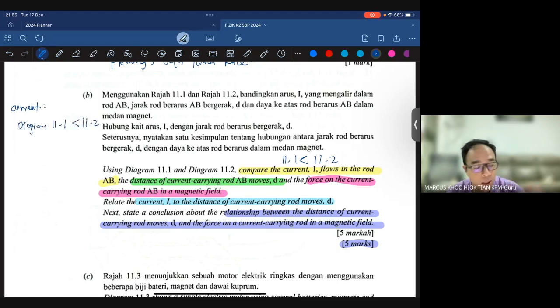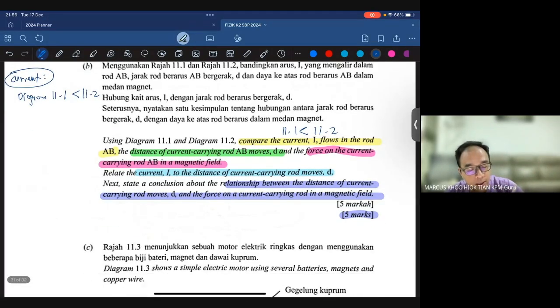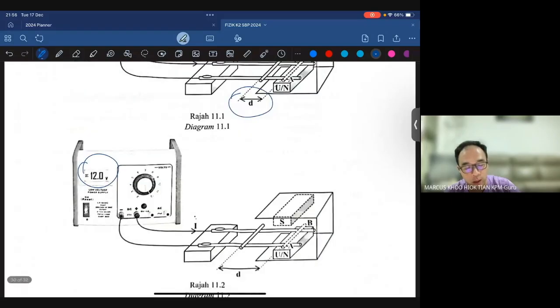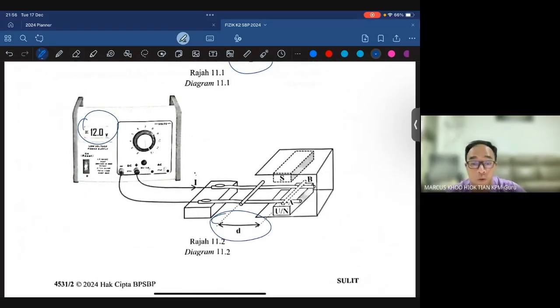If you're going to use a symbol, make sure that it's a title for the thing that you are comparing. The distance of the current carrying rod, this one will also be 11.1 is less than 11.2. Look at this letter D, you already know, 11.1 smaller than 11.2.